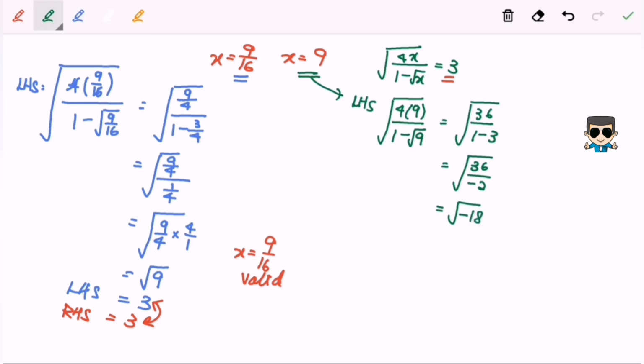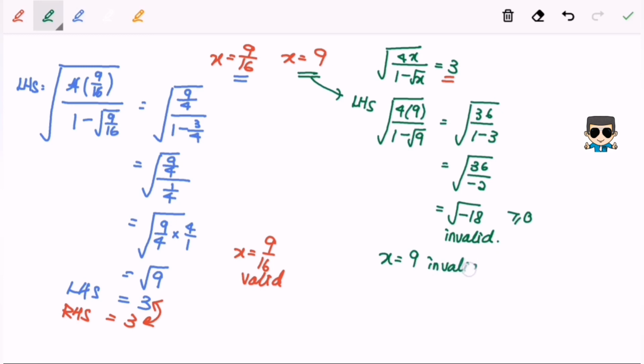As we all know, for a square root, the internal value must be greater than or equal to 0. In this case, negative 18 is less than 0, so it is invalid. So meaning that x equals 9 is invalid.